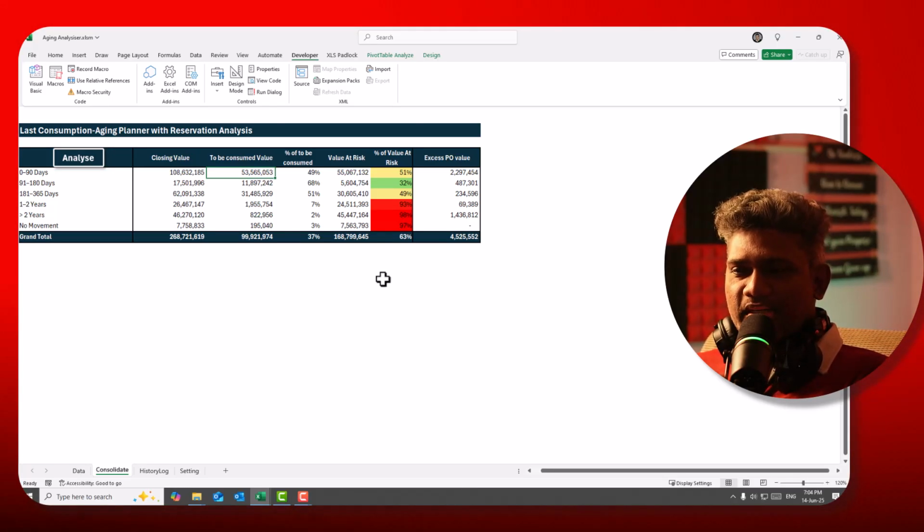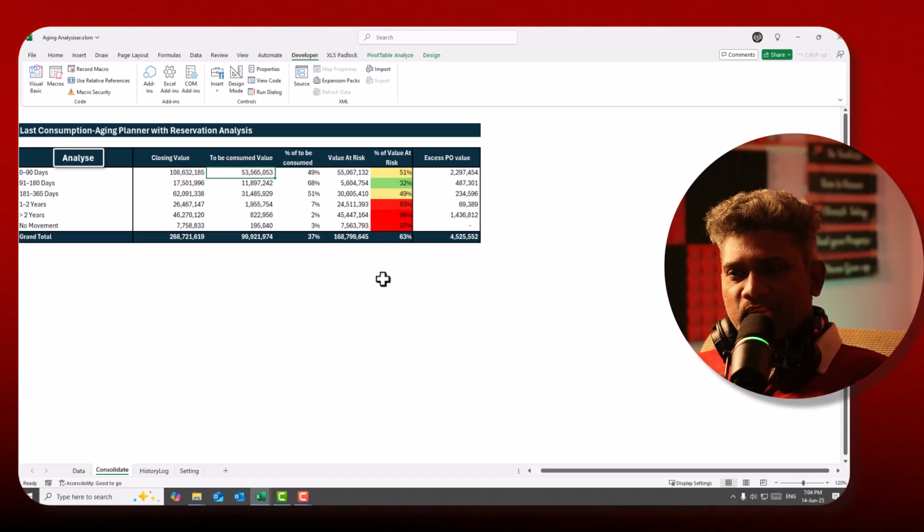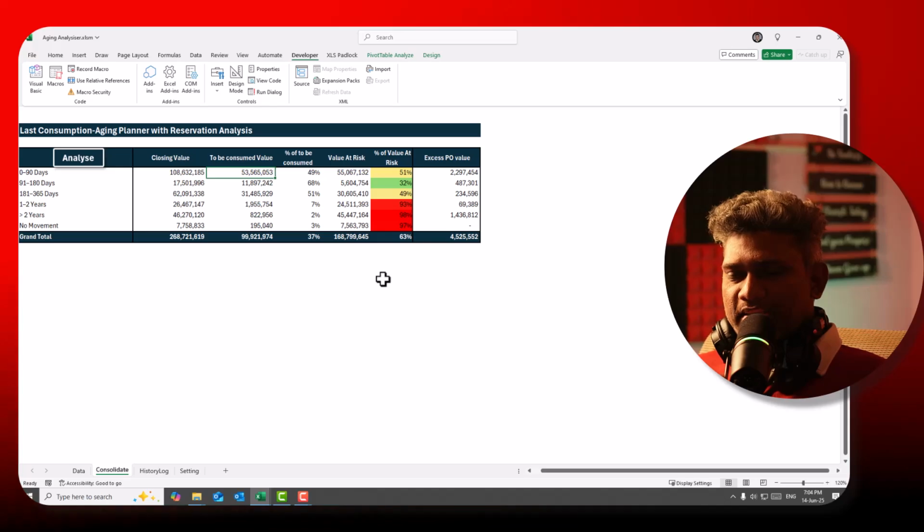This is what we did new in that company. Usually we do only the bucket analysis, but since they release so many orders, we found it in S&OP, so we connected with the upcoming reservations and the released POs.